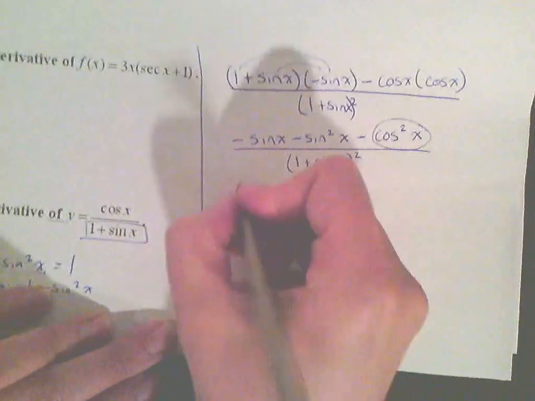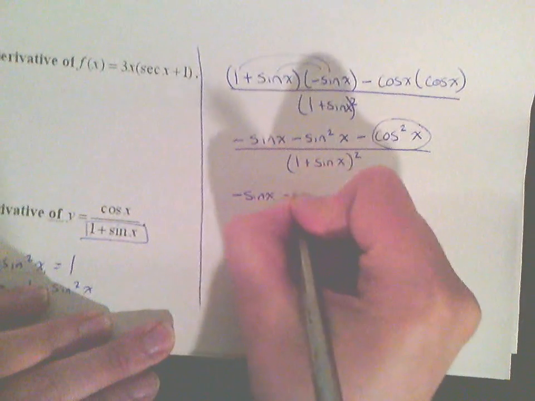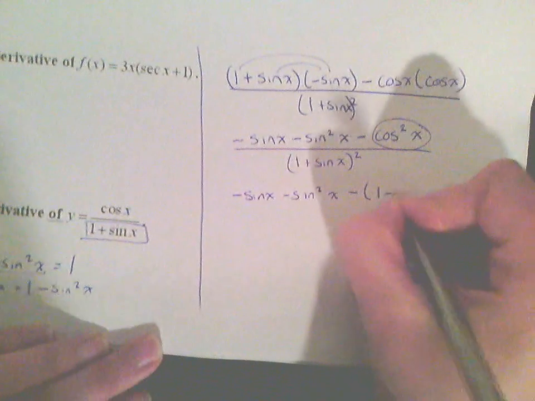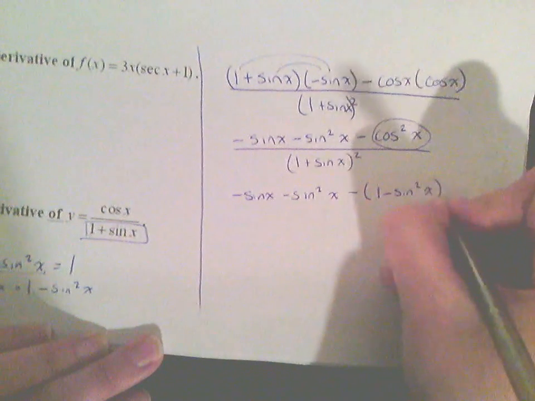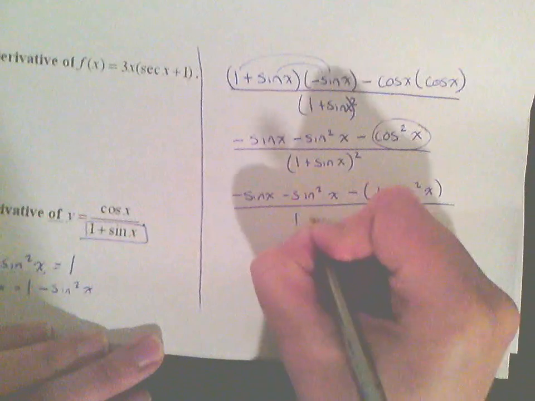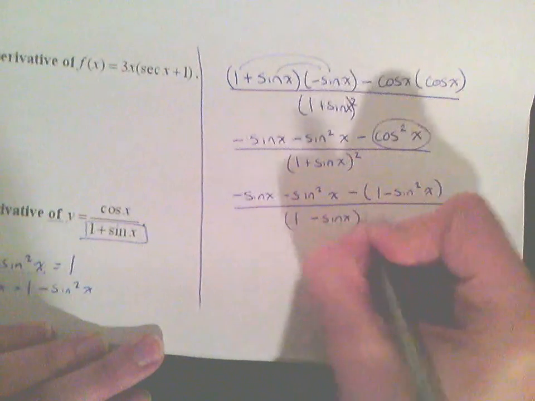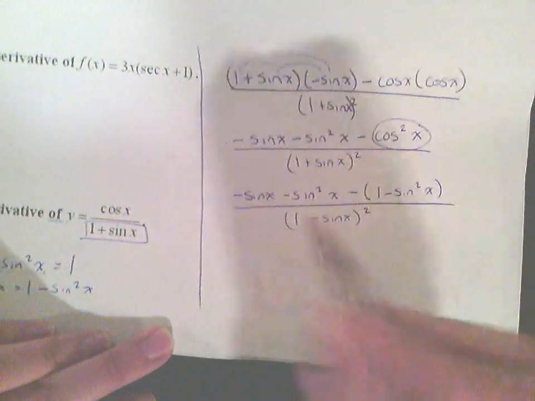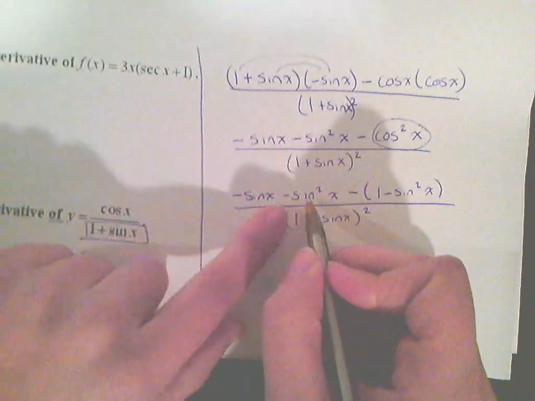So I can rewrite this: negative sine of x minus sine squared of x minus (1 minus sine squared of x) over (1 + sin x)^2. Now be careful, these two are not the same. But what I can do now is, look at this.